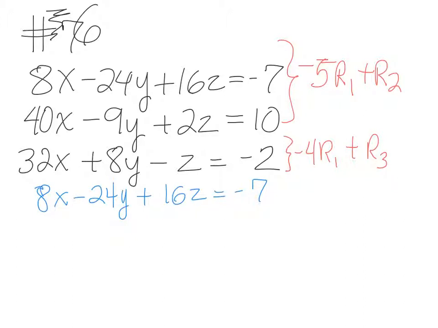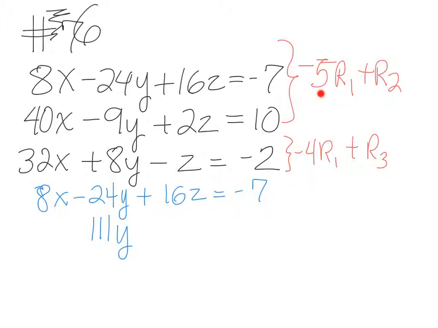So on the second one, it's going to be negative 5 times 8 is negative 40. Plus 40, that would be 0. Negative 5 times negative 24. So use a calculator. Negative 24 times 5 is 120. So it's 120 and then minus 9. And that would be 111y.